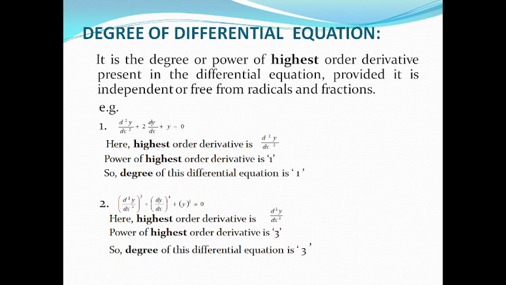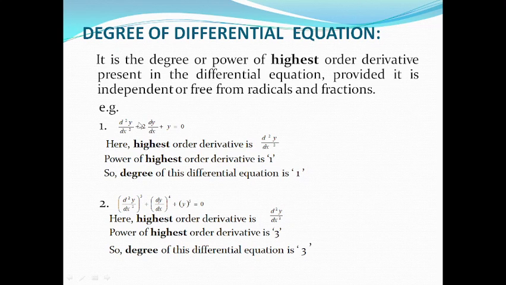And then the degree of the differential equation can be found. It is obtained as the degree or the power of the highest order derivative present in the differential equation, provided it is free from radicals and fractions. For example, I have taken d²y/dx² + 2 dy/dx + y = 0.